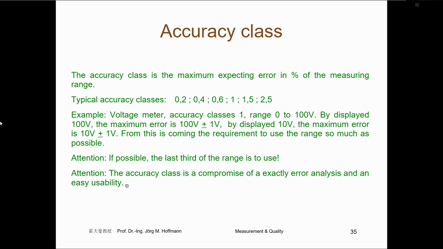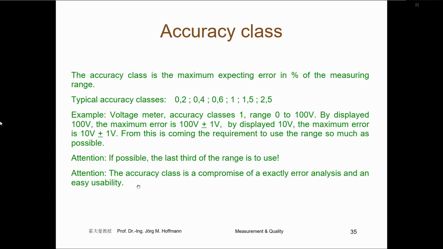Companies who work in the range of high-end products do not use the accuracy class; they use the mean, standard deviation, and so on, with the probability of the error.